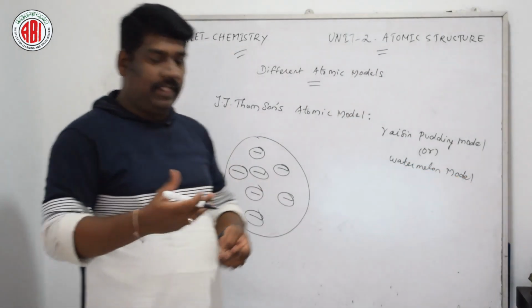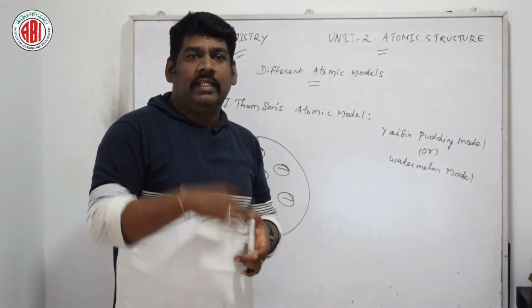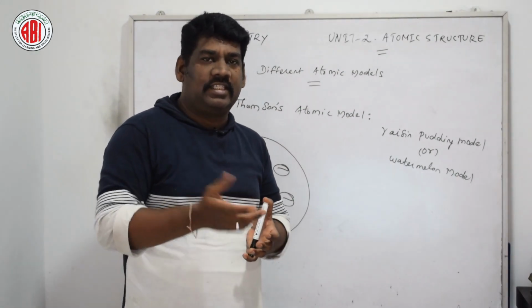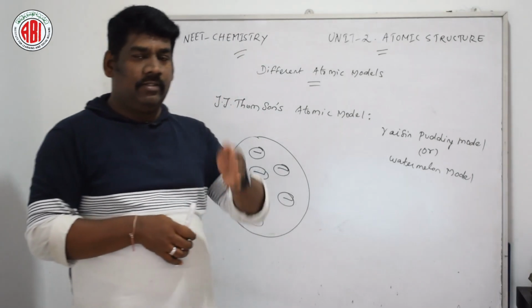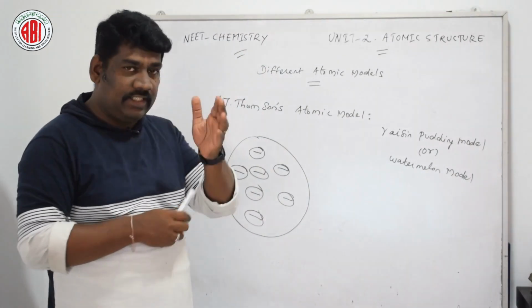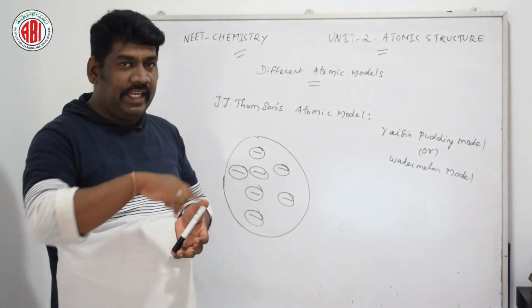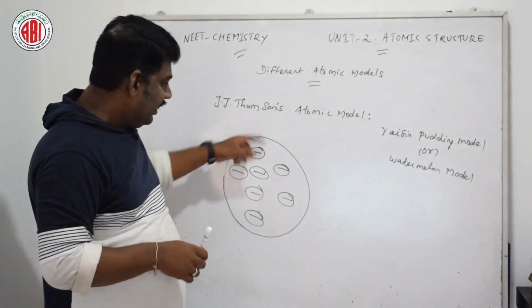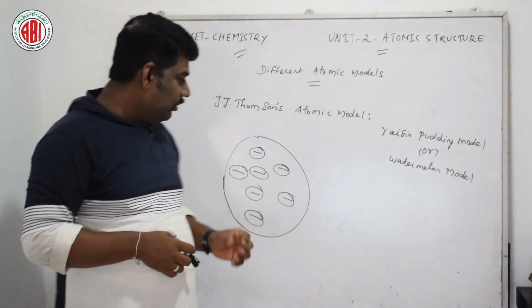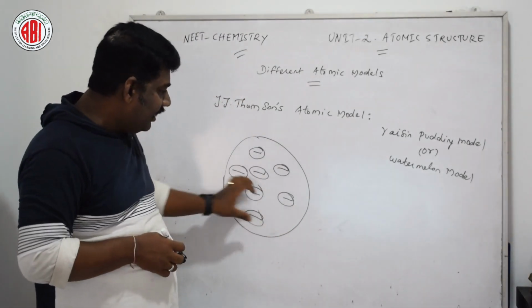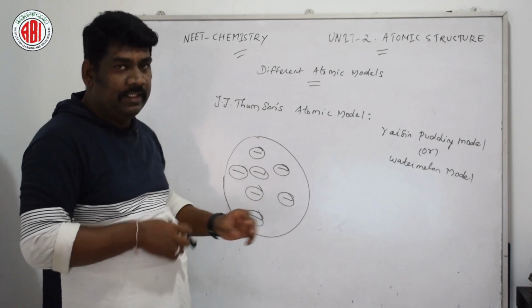When you cut a watermelon vertically or horizontally, the edges look like a sphere, and the seeds present in the watermelon look like they are embedded in the empty spaces of the sphere.